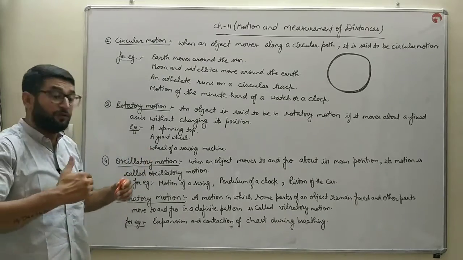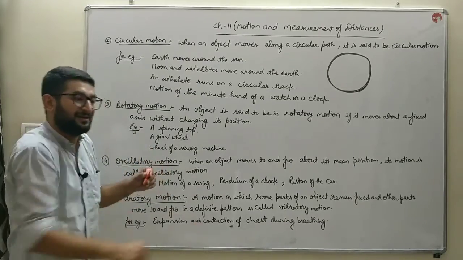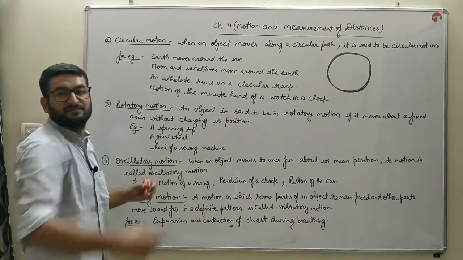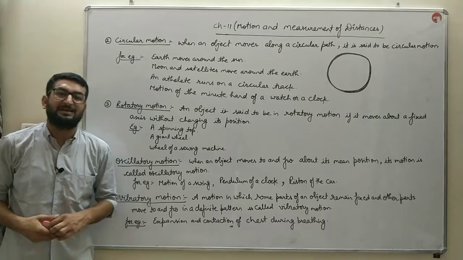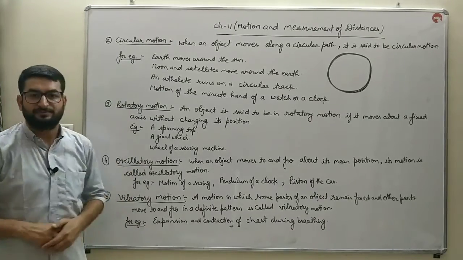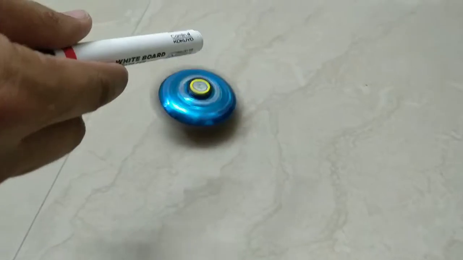Next, the wheel of a sewing machine. You must have observed a tailor's sewing machine. There is a wheel which keeps on moving like this. That also is an example of rotatory motion. This motion of this spinning top is an example of rotatory motion.